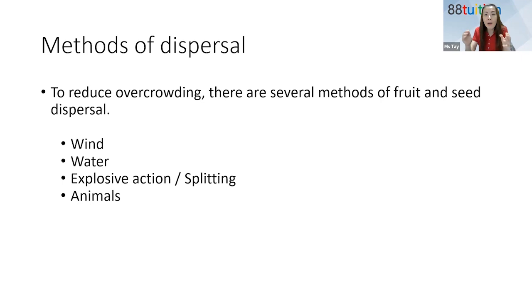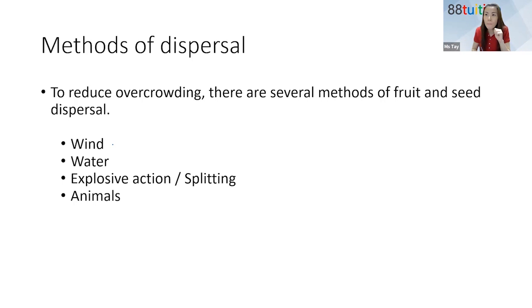So we are studying now the methods of dispersal of seeds. How are the seeds being dispersed? Sometimes it's not the seeds being dispersed, it's the whole fruit that is being dispersed. Let's see the examples later. There are 4 ways you need to learn.